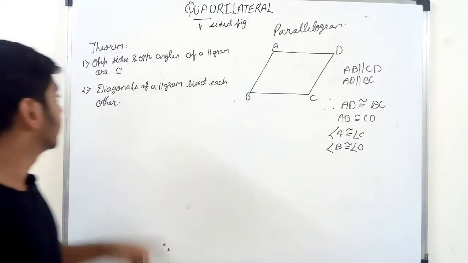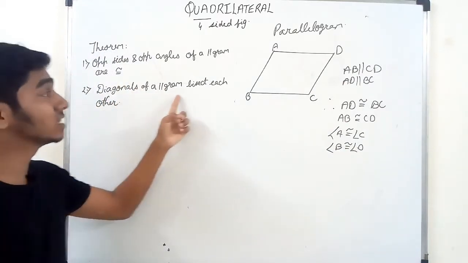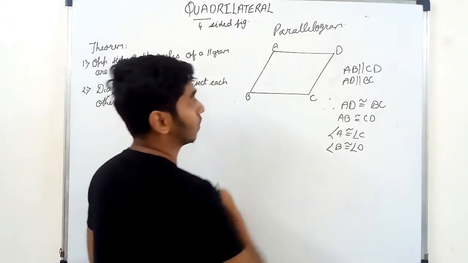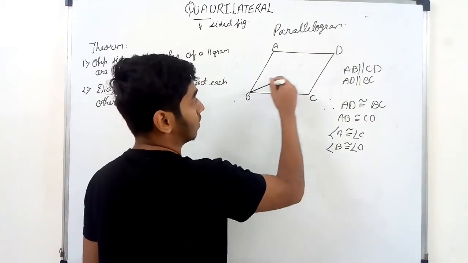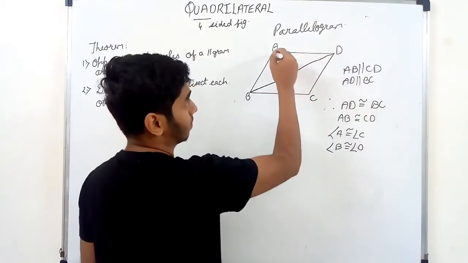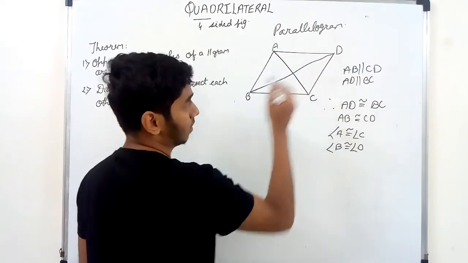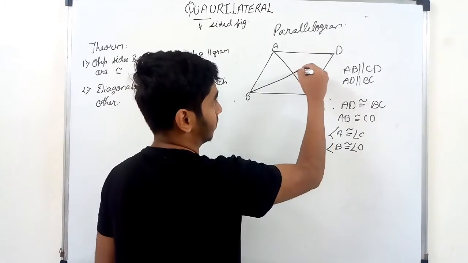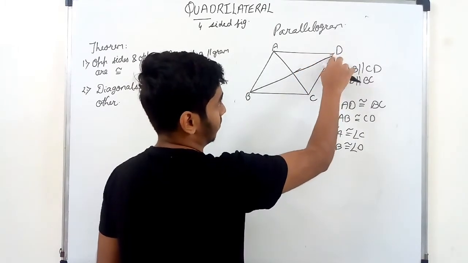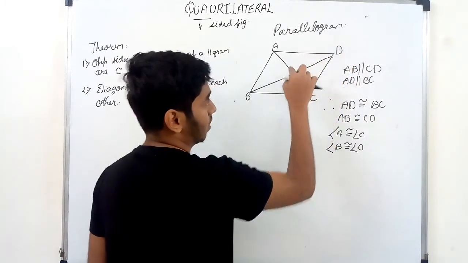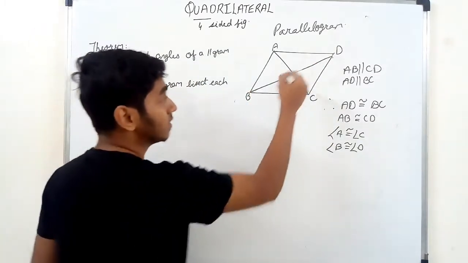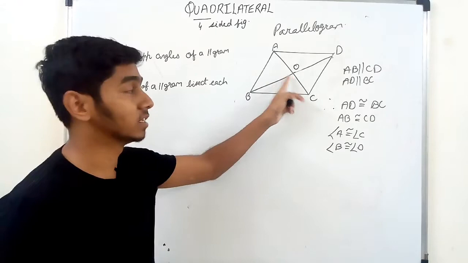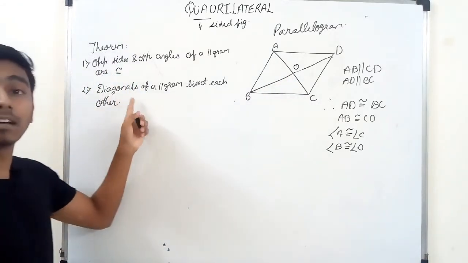The second theorem says that the diagonals of a parallelogram bisect each other. Let's draw the diagonals for this parallelogram. These are the two diagonals, and the point of intersection is O. What does this theorem say?